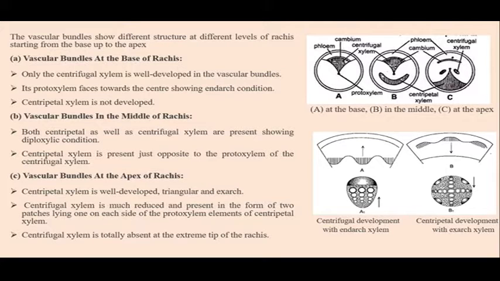And at the extreme tip of rachis, the centrifugal xylem is totally absent. Here also in this diagram you can see the major xylem is the centripetal xylem, and the centrifugal xylem is reduced to two patches on either side of this protoxylem.